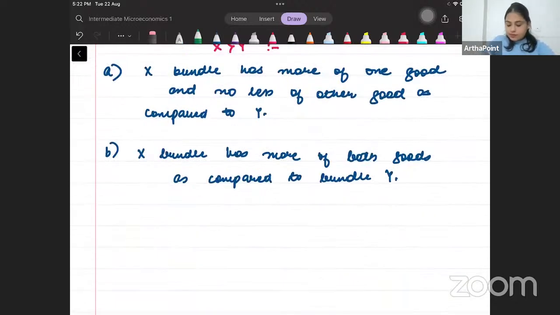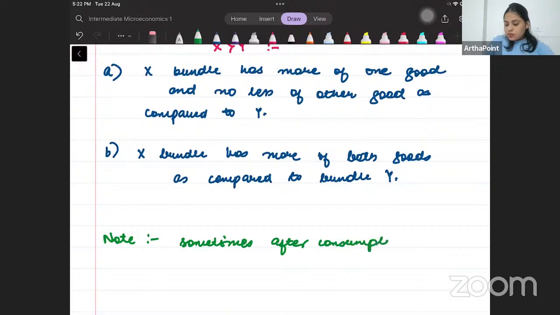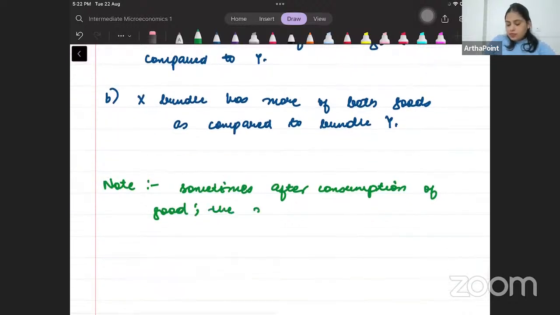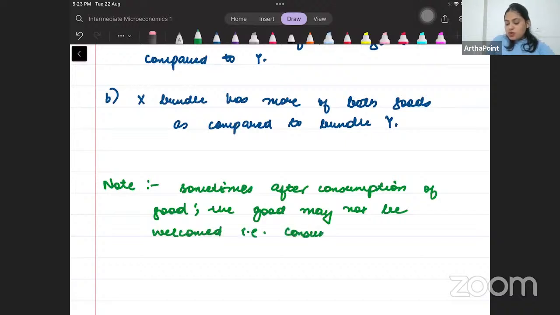So note, sometimes after consumption of a good, the good may not be welcomed. That is, the consumer may be saturated.